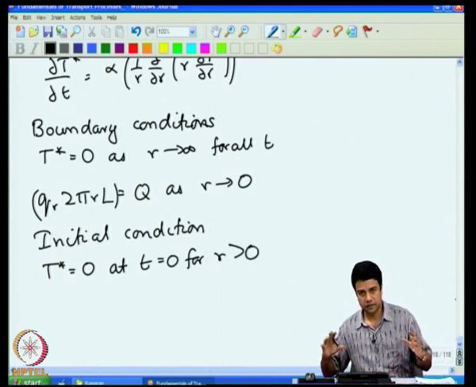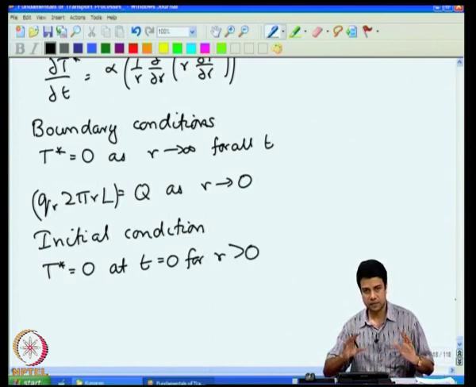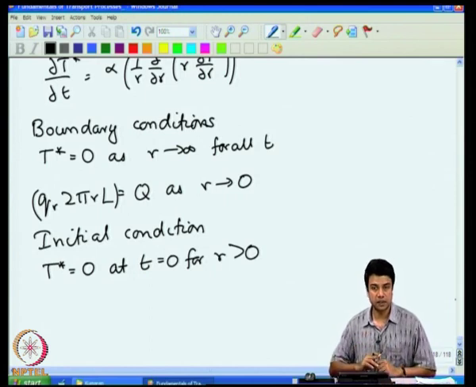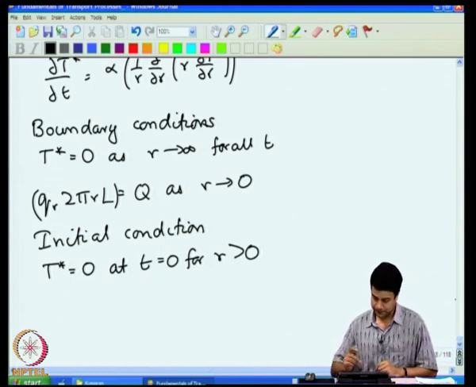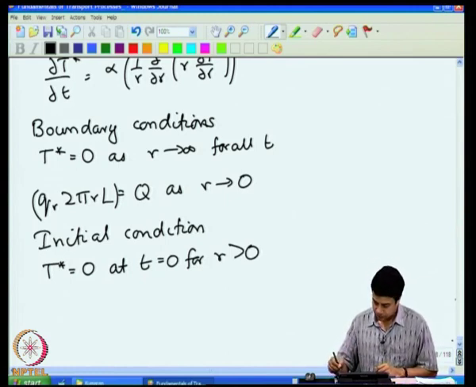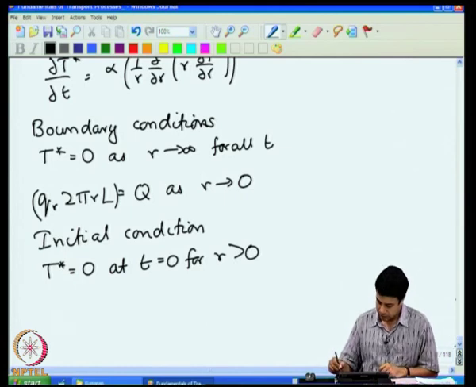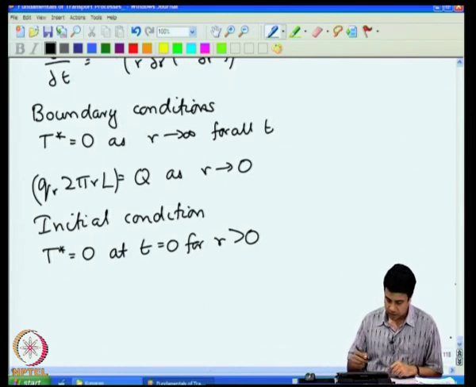That is, everywhere in the fluid except at the wire itself the temperature is 0, because we switched on the heating at time t is equal to 0. That means the temperature is equal to 0 everywhere except at the surface of the wire. So, these are the initial and boundary conditions.